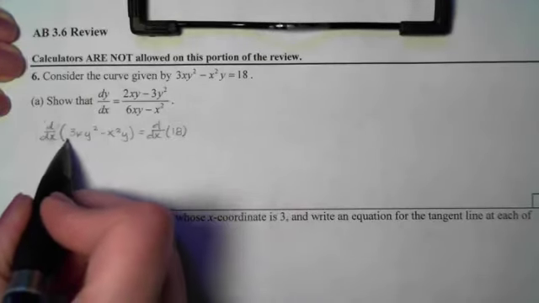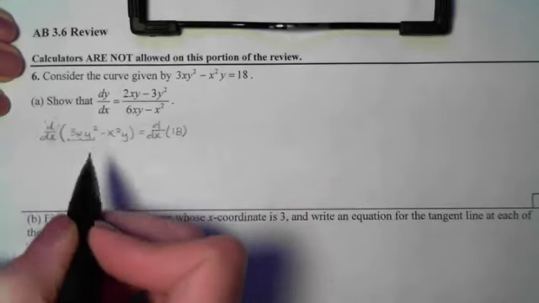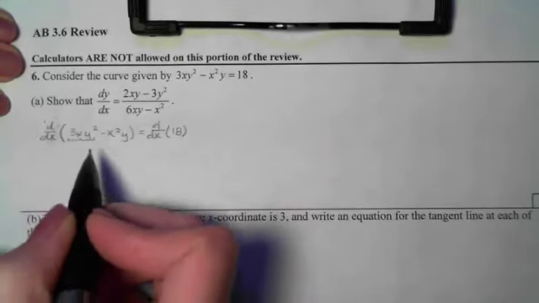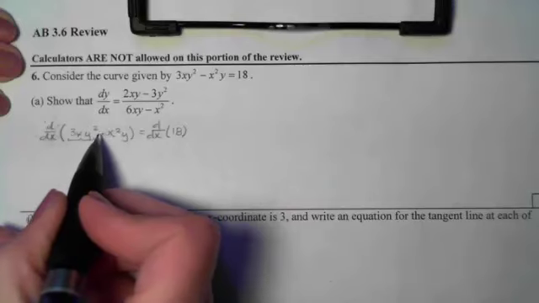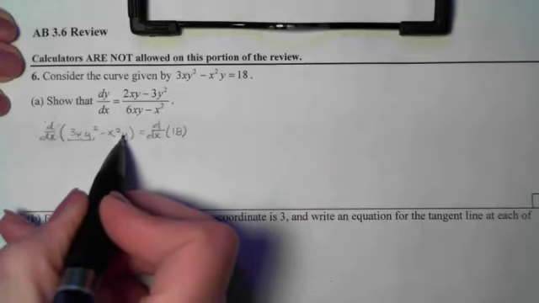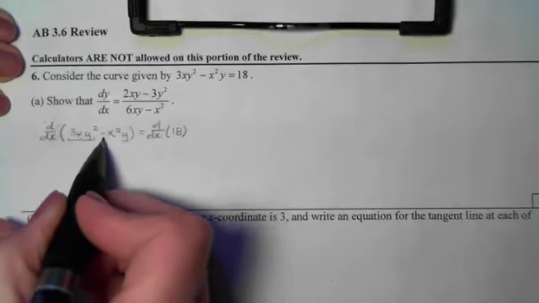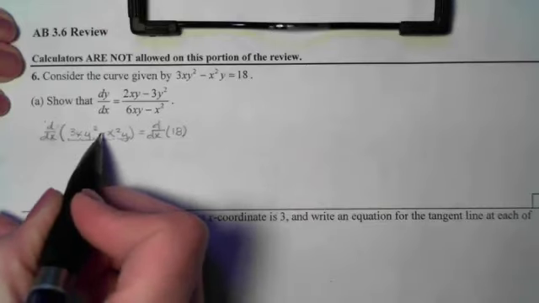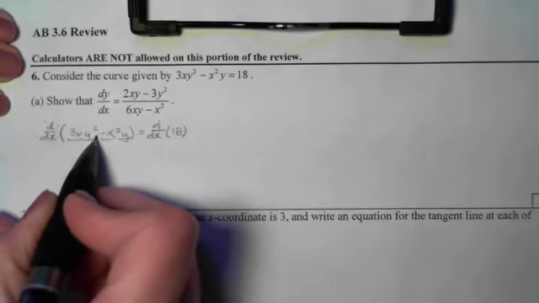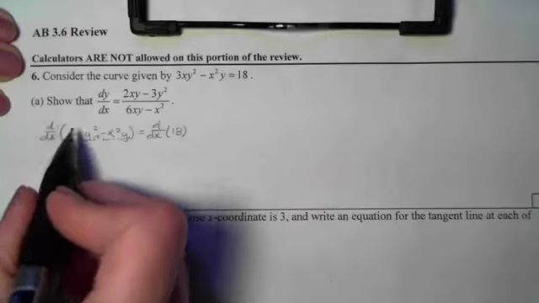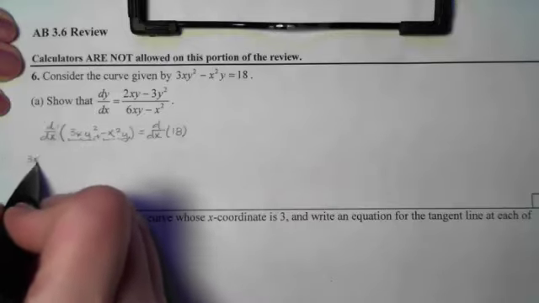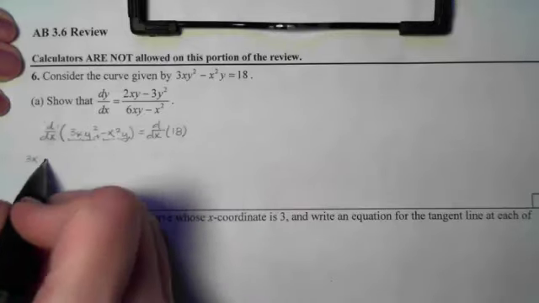So on the left here we see that we've got two different product rules. One of the errors that people will make is they will neglect this negative on the second term of the product rule for this one. So we got to make sure we keep that negative with the x squared. So for the first one we have a 3x times the derivative of a y squared.